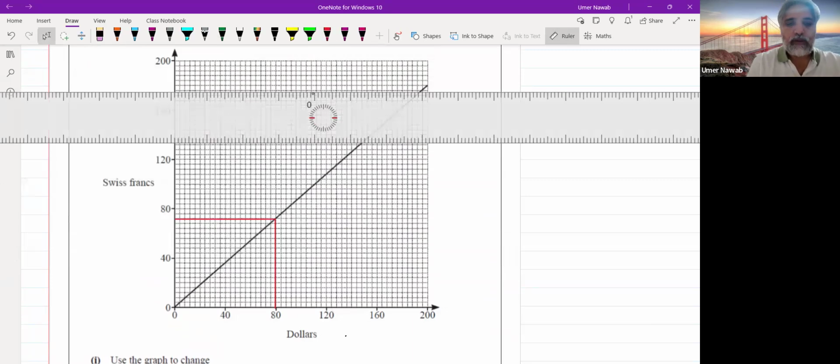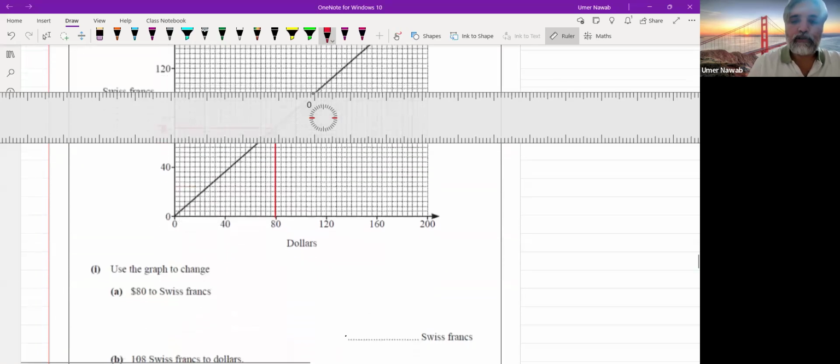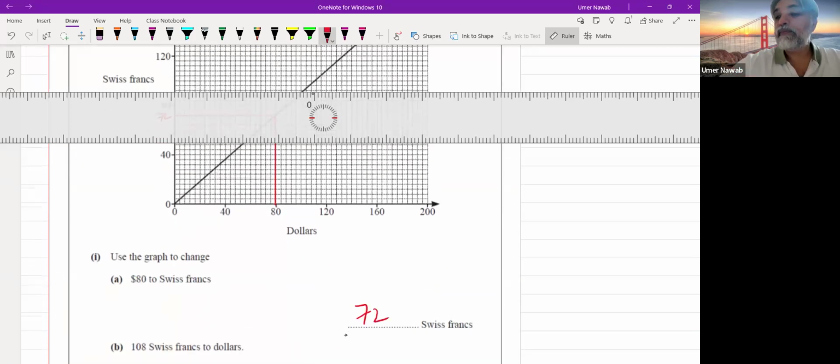For sure, every line is representing 4, because 10 lines are representing 40. So each line represents 4. So let's move on from 40, or maybe you can move down from 80. So 80 minus 4 gives you 76. 76 minus 4 will give you 72. So my first answer is 72.